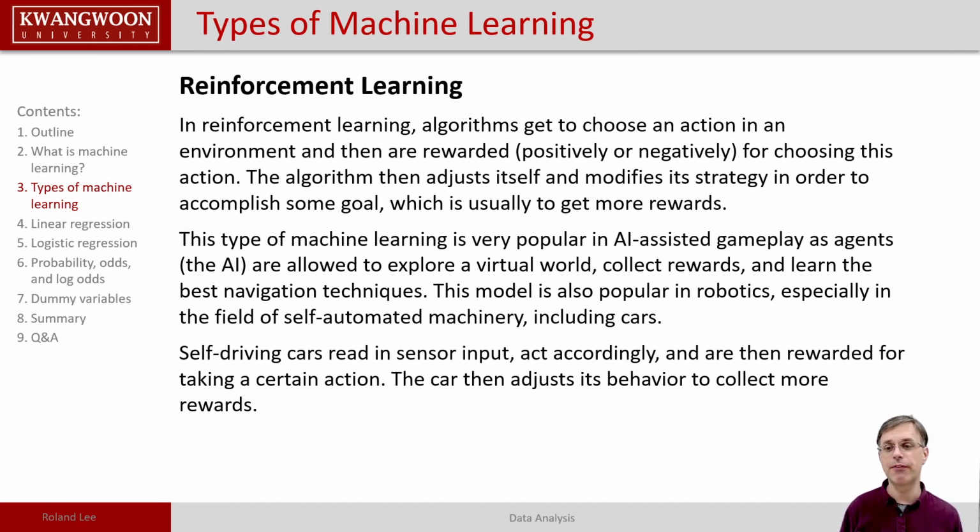However, the main difference lies in the reward system. The reward doesn't have to be tied in any way to a correct or incorrect decision. The reward simply encourages or discourages taking an action or different actions.